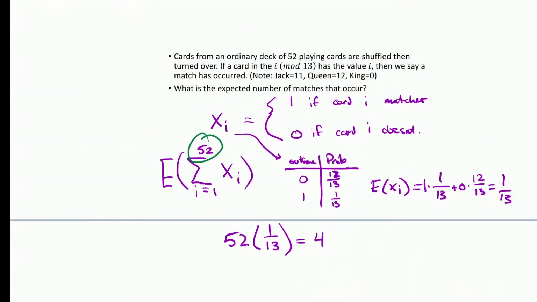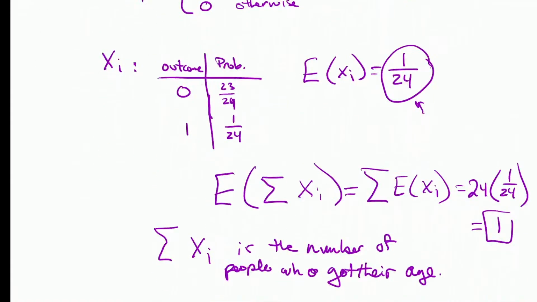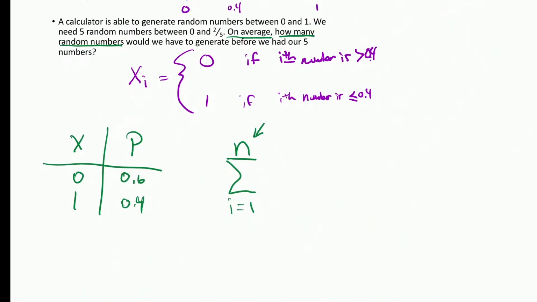Up here it was 52 as well. Up here it was 24. Here, I don't know how many it is. But what I could do is leave it as n. So I'm going to add up n of these things, and that gives me n times this expected value.